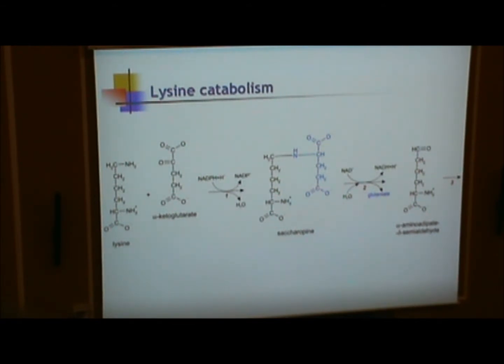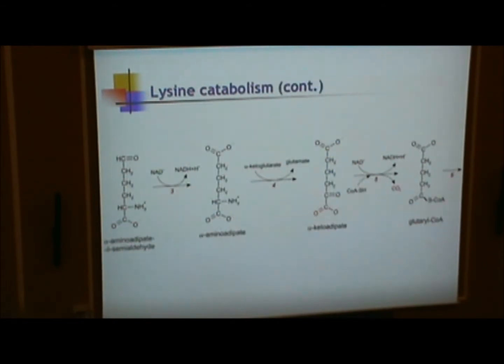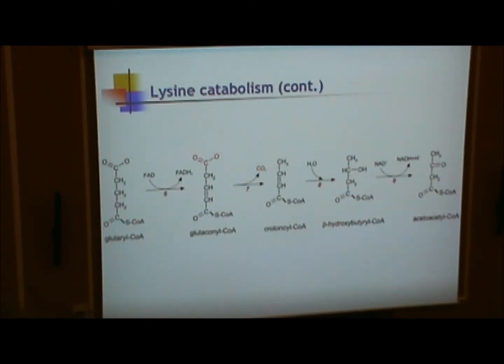But please remember that lysine is converted to acetoacetyl coenzyme A, which is an active form of acetoacetate. So please remember that leucine is converted into acetoacetate, whereas lysine is converted into the active form of acetoacetate, acetoacetyl coenzyme A.